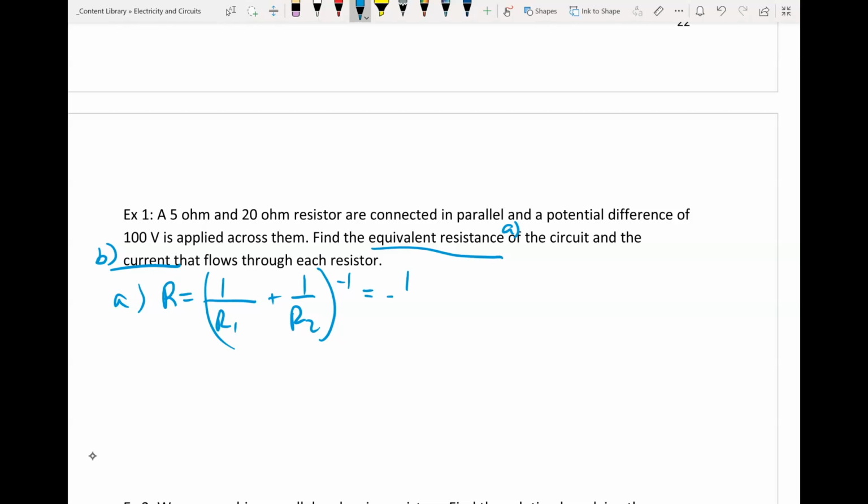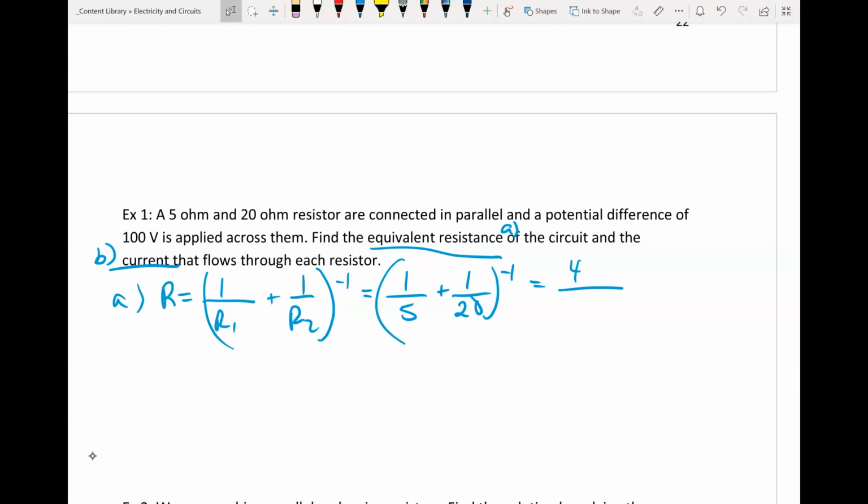The first one we have is for R1 is 5. The second resistor is 20 ohms. Need to get a common denominator in order to add. So I'm going to multiply the first fraction by 4 top and bottom. So we're going to get 4 over 20. And then we still have a plus 1 over 20 from the second fraction.